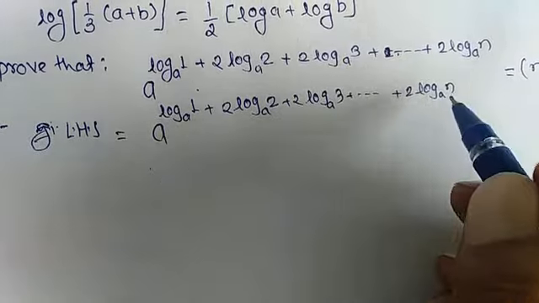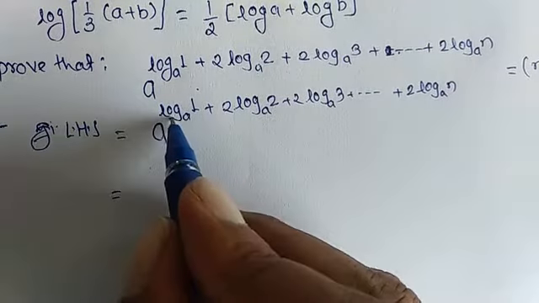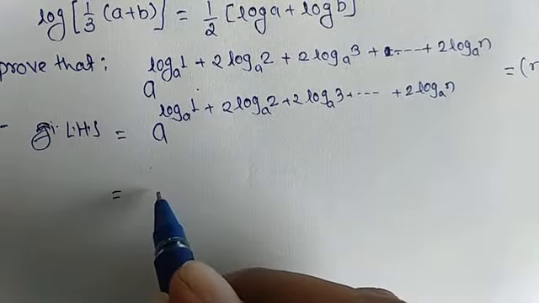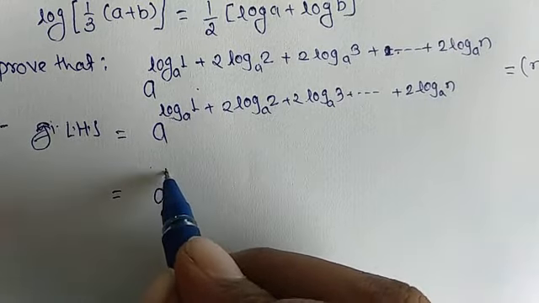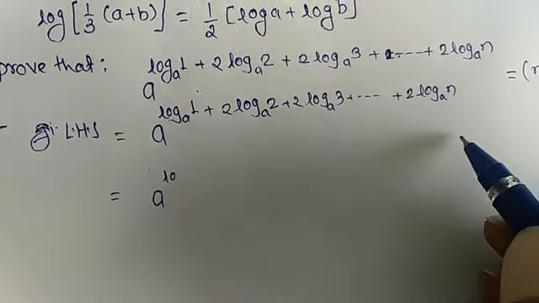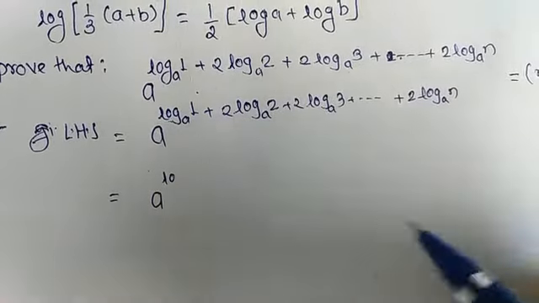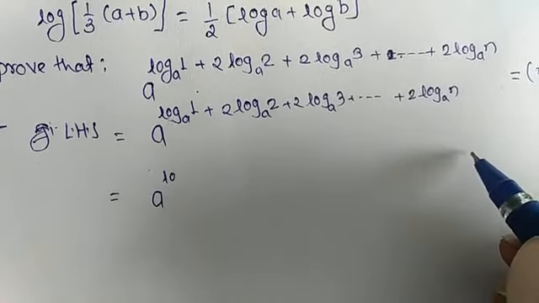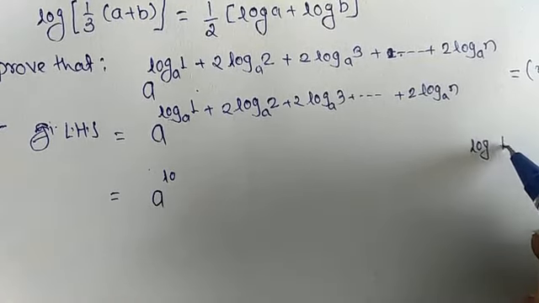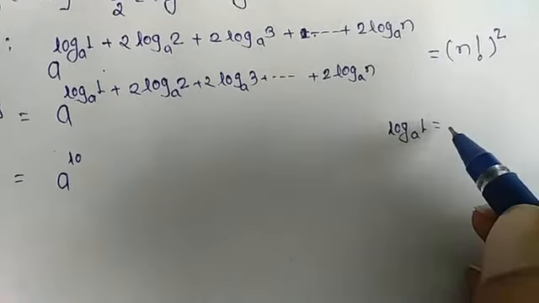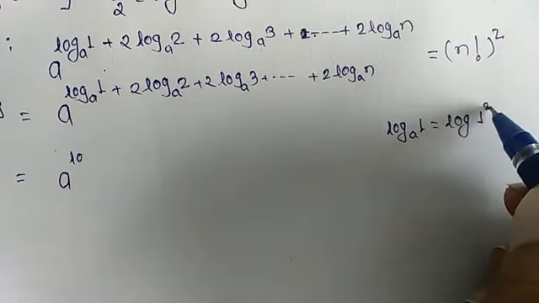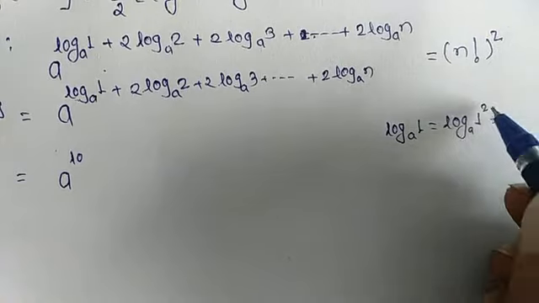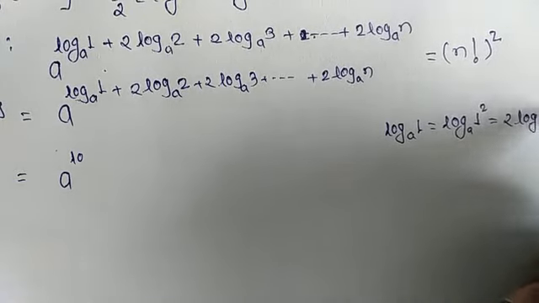Okay, now here the first term can be written as a raised to log of, so here we write in a rough calculation because it will increase steps. Log of 1 to the base a can be written as log of 1 square to the base a. Okay, which means that it is twice log of 1 to the base a.